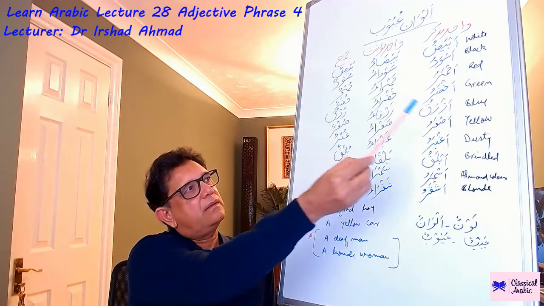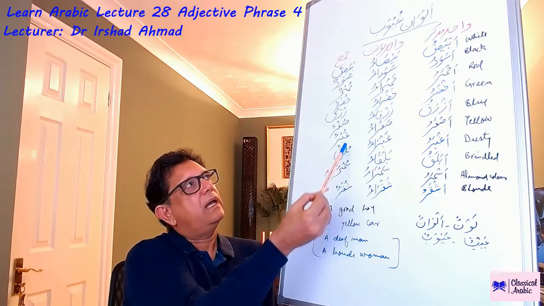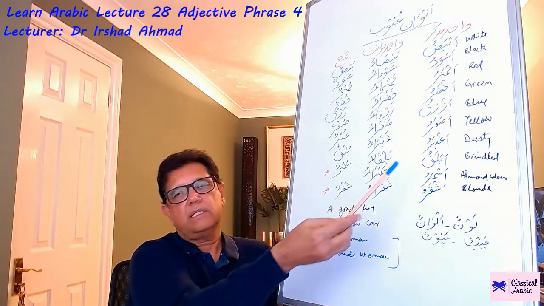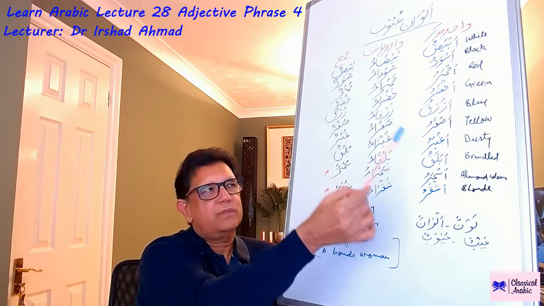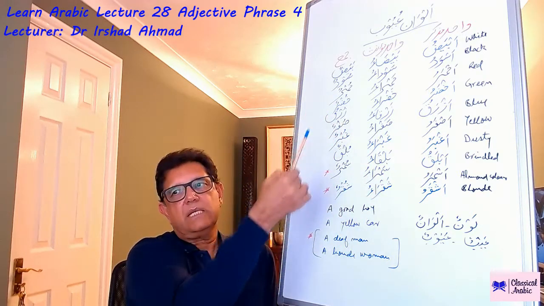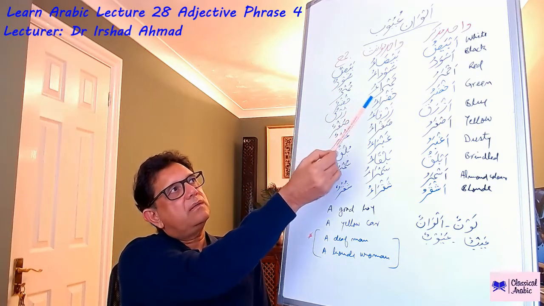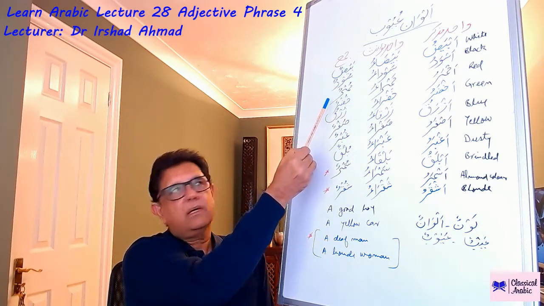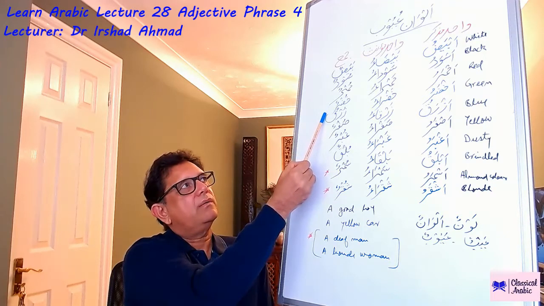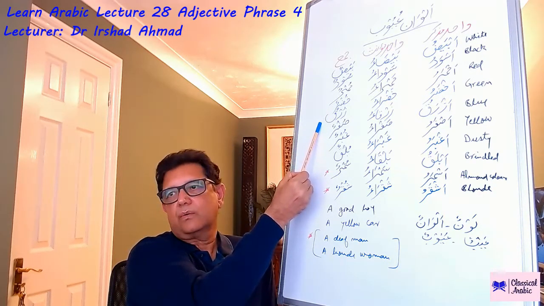So wahid muzakkar, and we've got wahid muannas here. And then the plural of these, whether it's muzakkar or muannas, the plural is the same word. So for white we have baydun, for black sudun, red humrun, green khudrun, blue zurqun.